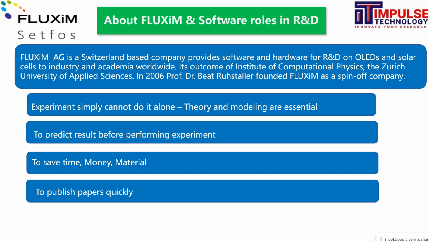You can save your time, money and materials and publish the paper quickly, because fabrication labs, synthesis or characterizations are very costly and time taking, but simulations are very fast. You can predict the results you would get from the experiment within a few hours. That's why it is also affordable, so people prefer these simulation softwares.